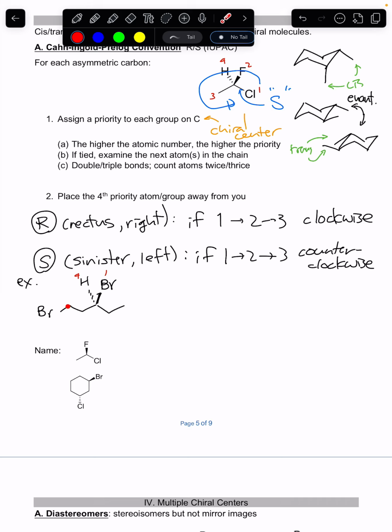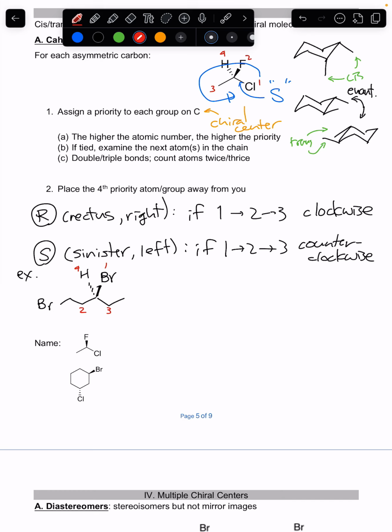Now, when you compare these 2 carbons, this carbon only has 3 hydrogens attached to it, whereas this carbon has a bromine attached to it, which of course has a higher atomic number and priority. And so for that reason, this carbon gets a higher priority than this other carbon. Hope that makes sense. And so this now is also S.